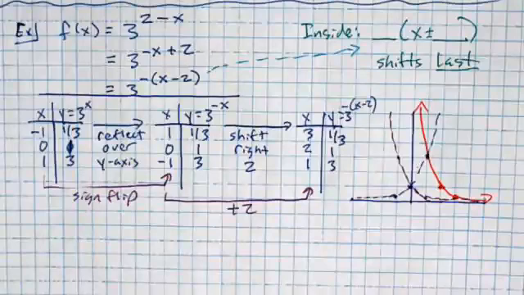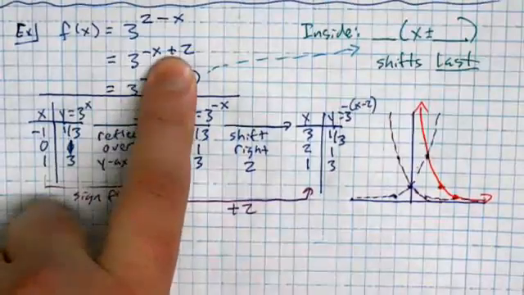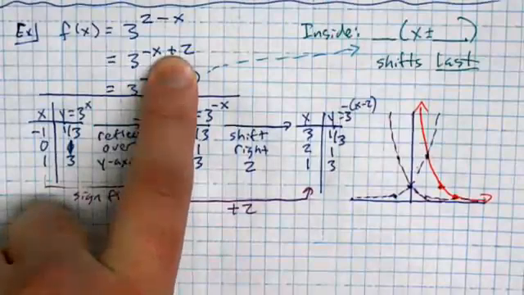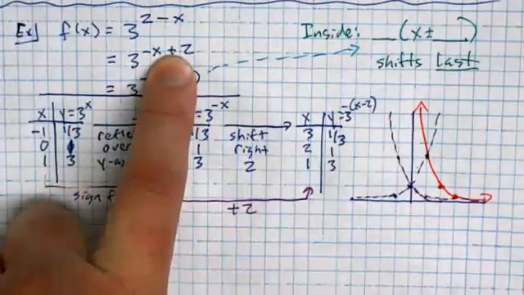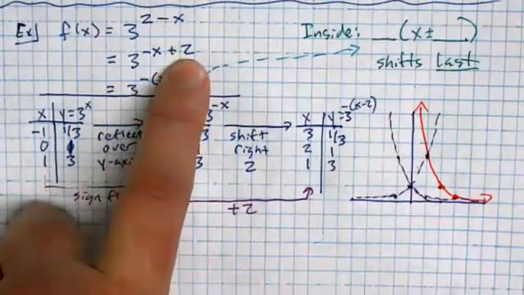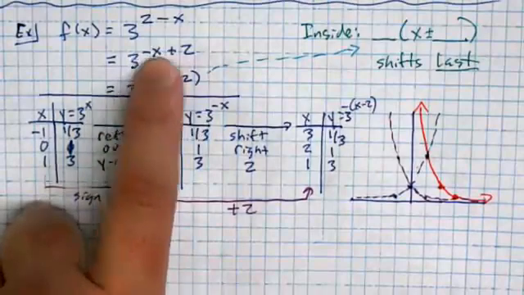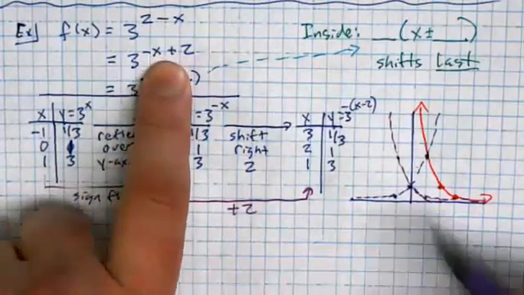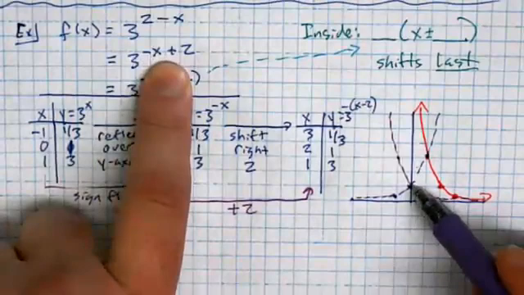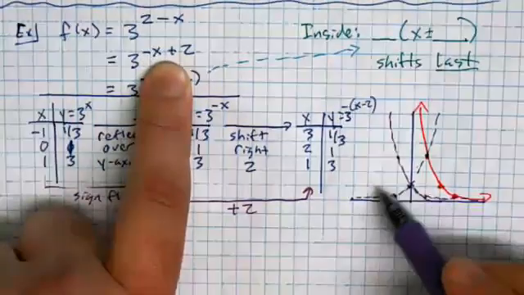So the question came up a minute ago. Gabby was asking, doesn't this show a shift to the left instead of a shift to the right, this +2 here? And the answer is yes, except if it's in this format, we would need to do the shift first because we still have something attached to the x, and then whatever is attached to the x last. So if I took my original one and shifted it to the left by 2, this point would have ended up here, right?